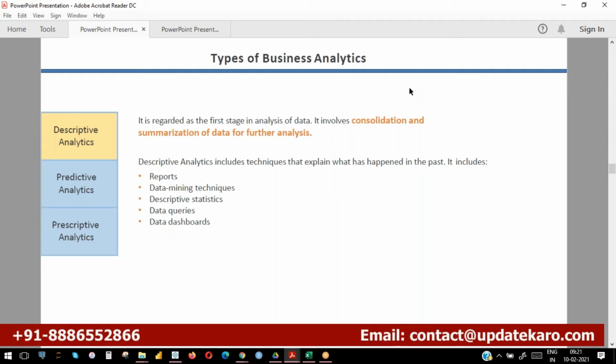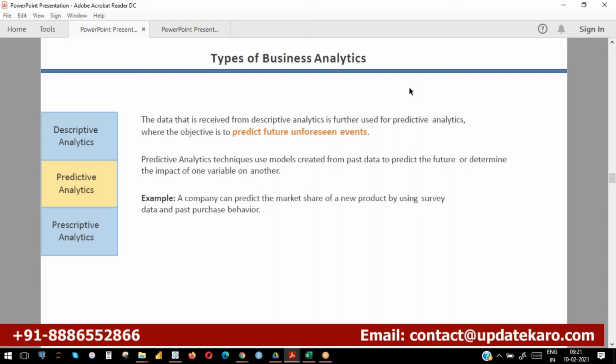And second one is predictive analytics. What is predictive analytics? The term predictive analytics says predicting the future, predicting unforeseen events. So here the sentence that you have to remember is: what can happen or what may happen in future.